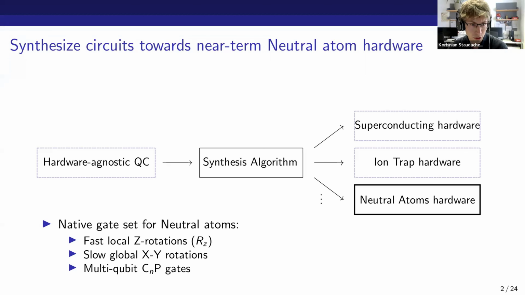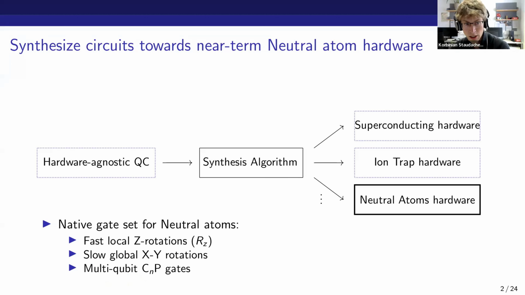What we will consider is a native gate set consisting of both fast local Z rotations, but on the other hand, slow X or Y rotations, or arbitrary other rotations, which are only global, which we can only apply on all qubits at once. And the second thing is that we can have multi-qubit interactions between qubits.